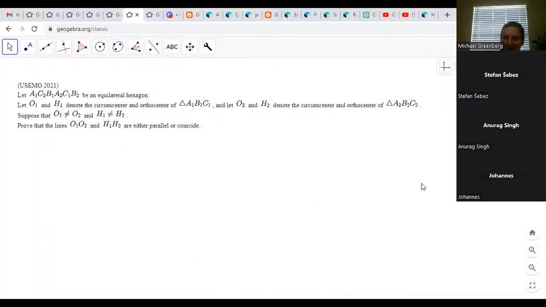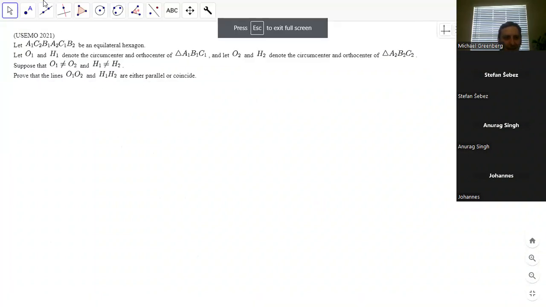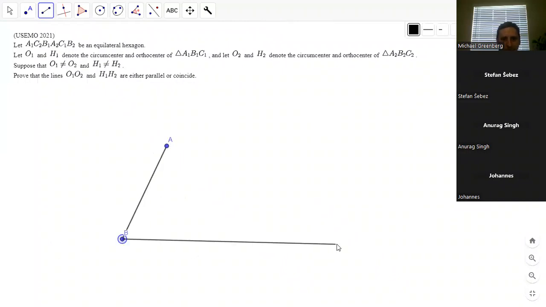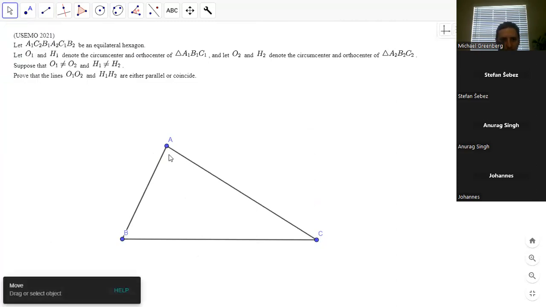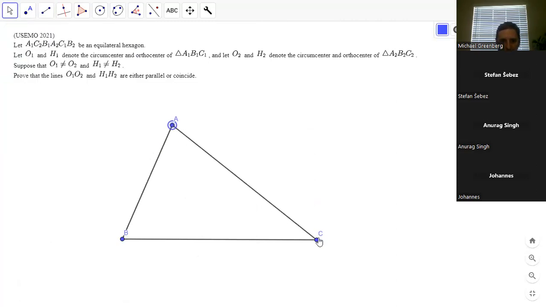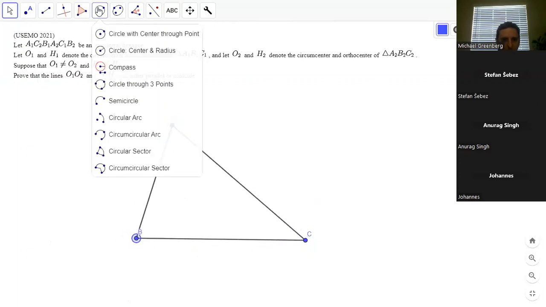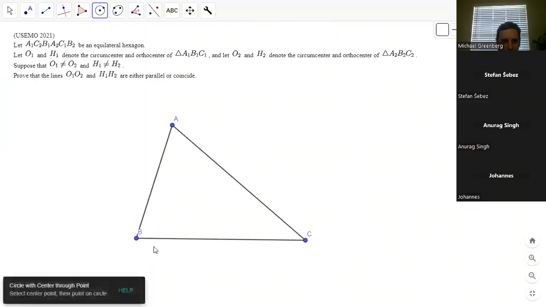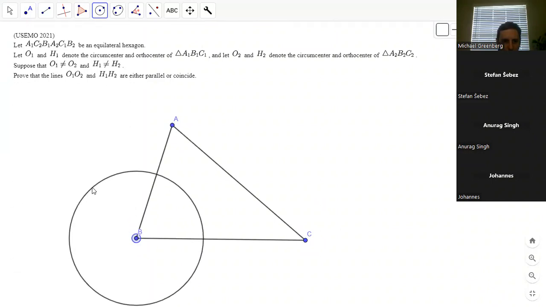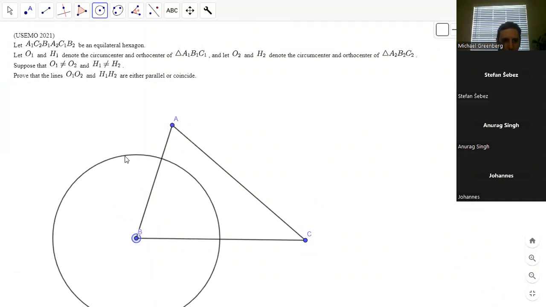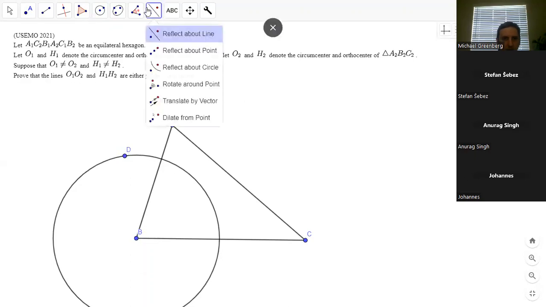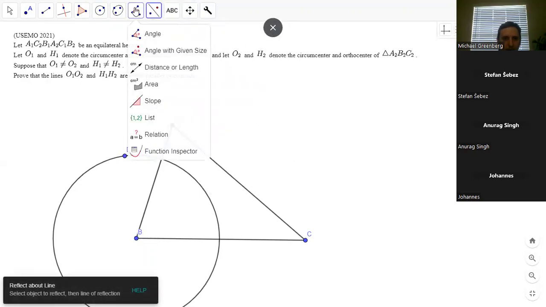Can I try this one? Let's do it. Okay. So we have an equilateral hexagon. So we could kind of draw it like this. We could start with just a triangle and then pick a length and then just use the compass tool a bunch of times.